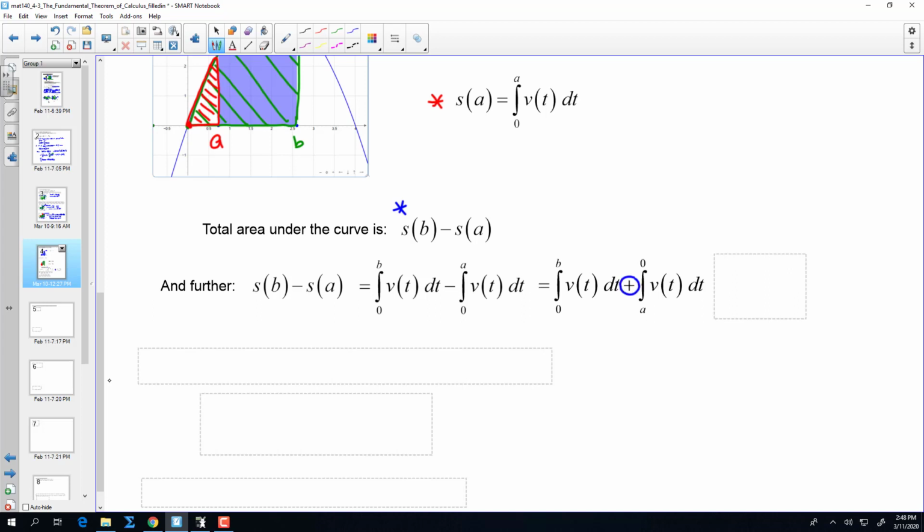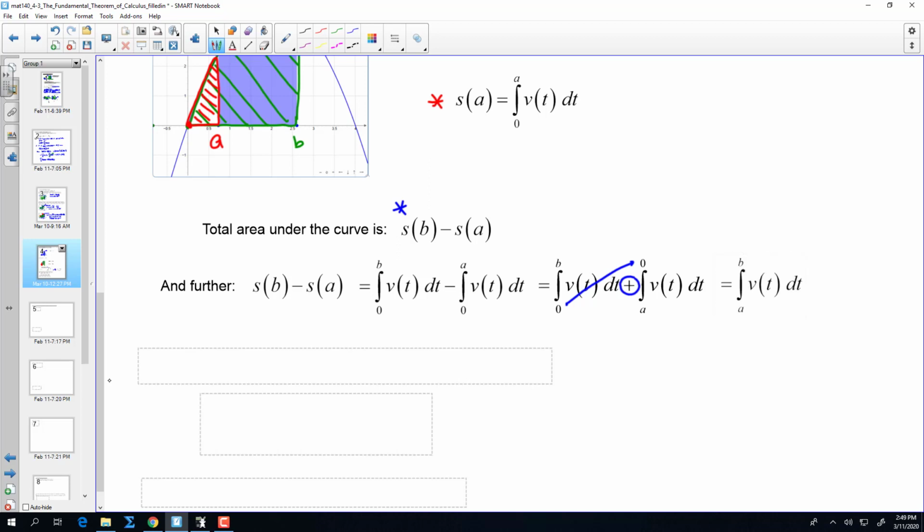So now 0 here and 0 there, they're the same number. So what I can do then is combine that into a single integral, provided that 0 is between those values, and it becomes the integral from A to B.